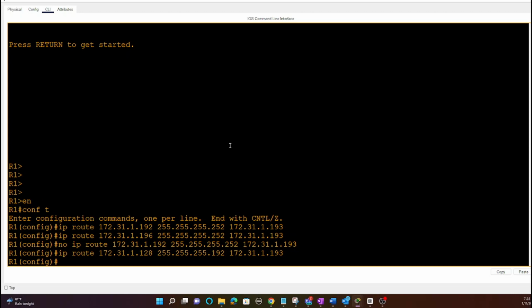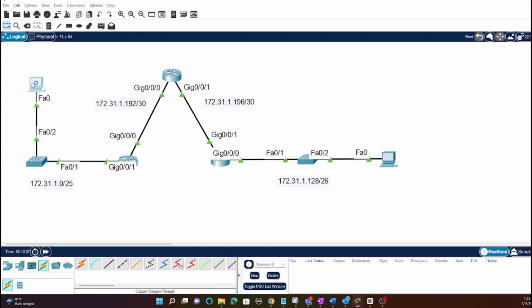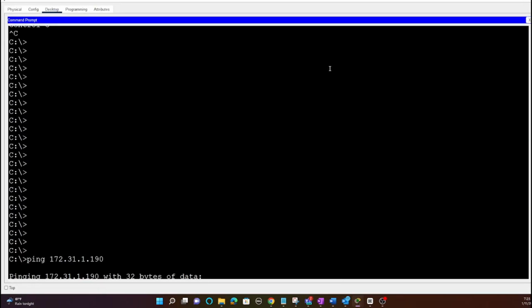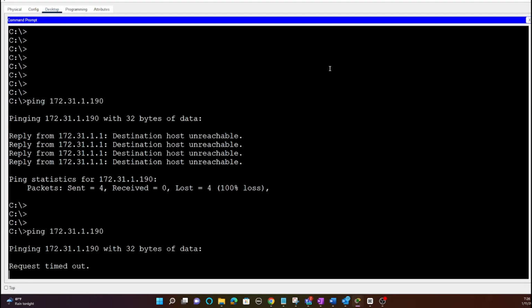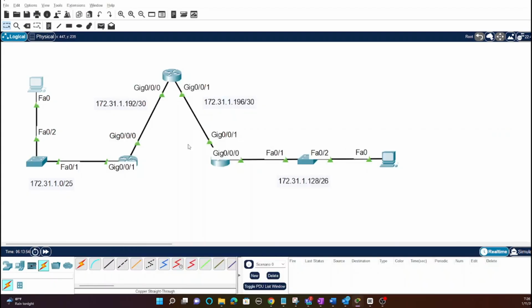Now, let's go back to our topology and let's try to ping it now. So blow it up. And as you can see, it's still timing out. It's still failing. There's no connectivity there. So let's just minimize that. And the reason being, again, the whole point of this lab is telling you that you have to sit here and lay it out, not just for router 1.